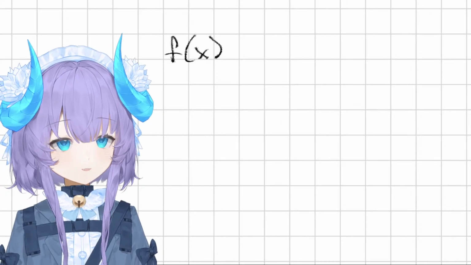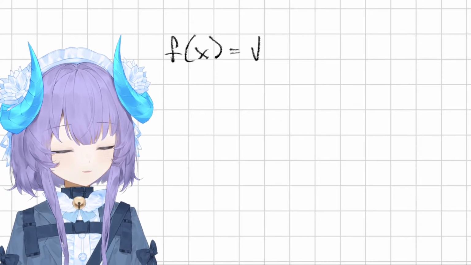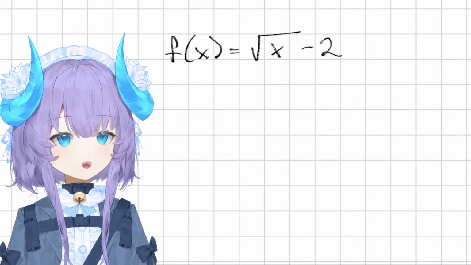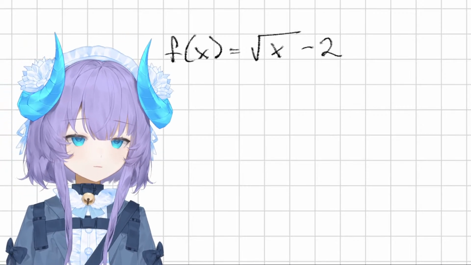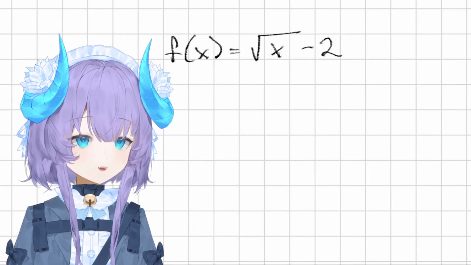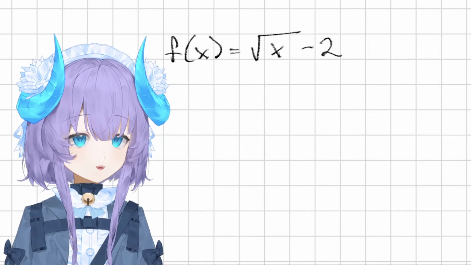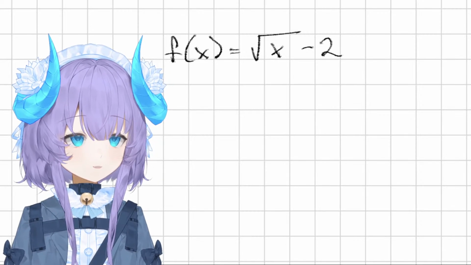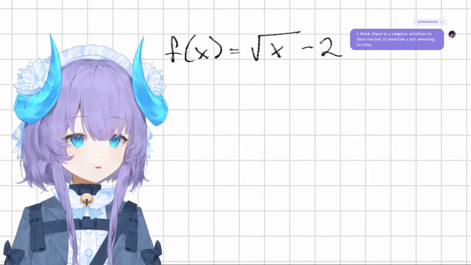Okay, so now we got f of x equals the square root of x minus 2. The domain is 0, comma, infinity.